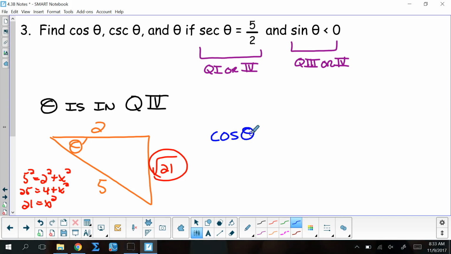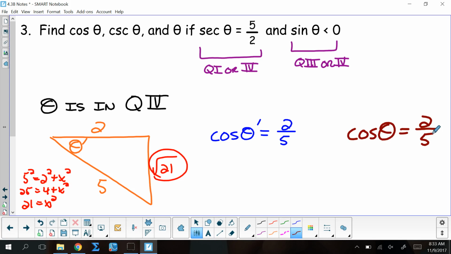So the cosine of my reference angle is going to be 2/5, which is going to be the cosine of my actual theta, because in quadrant number 4, cosine is positive. Okay? And again, if you wanted to skip right to it, that's totally fine with me.